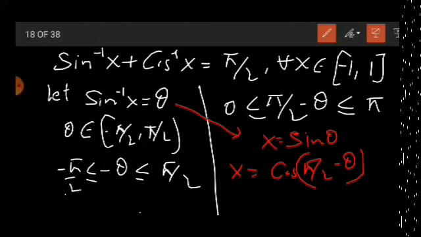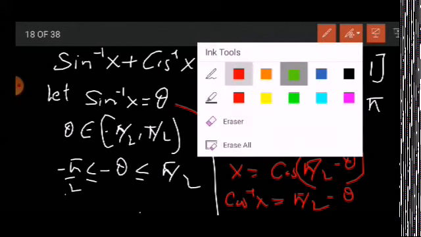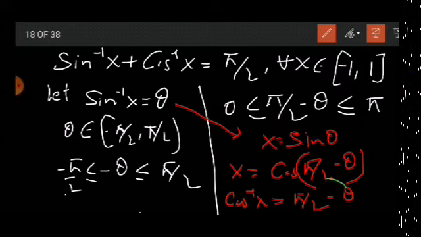Now take out cos inverse x. Finally we can say cos inverse x is equal to pi by 2 minus theta. Now you can transpose theta to the left side.